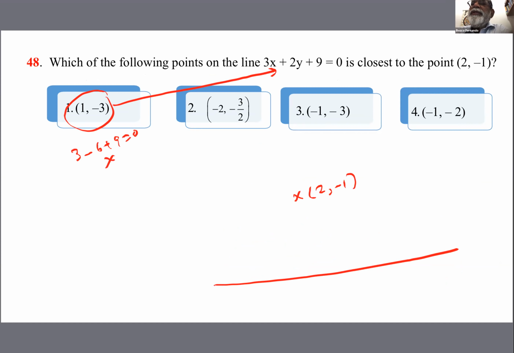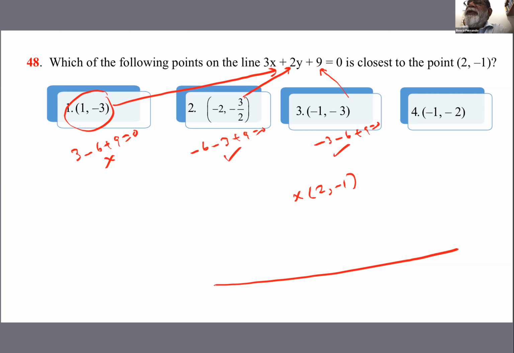No. Does this point lie on that? Yes. Check: -6 minus 3 plus 9 is equal to 0. Does this point lie on this? Yes. -3 minus 6 plus 9 equal to 0. So this can be an option.